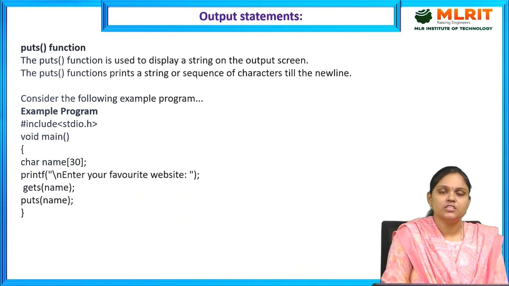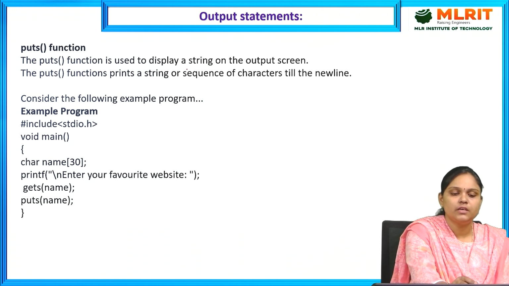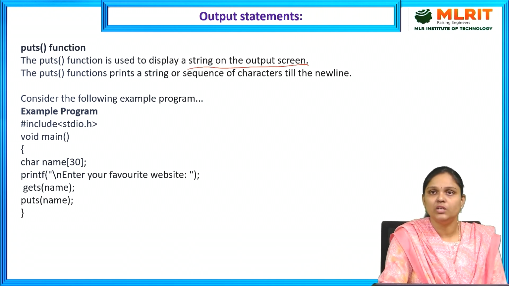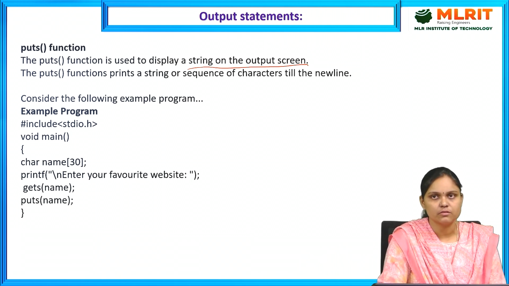The puts function is used to display a string on the output screen. Putchar is used for writing only a single character, while puts is used for writing a group of characters.